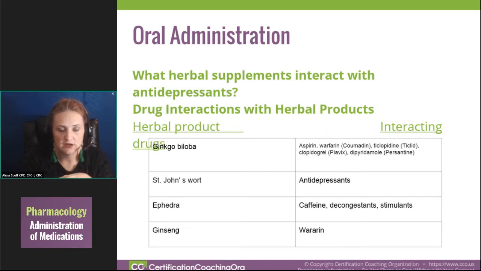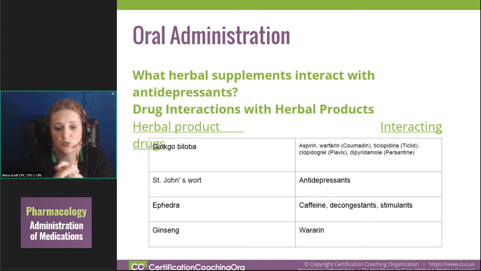Those all definitely have an effect. What do they interact with? Ginkgo biloba, do not use that with aspirin, warfarin, Plavix. These are all blood thinners, so be very careful. If you are on aspirin therapy, you're not going to be taking ginkgo biloba.